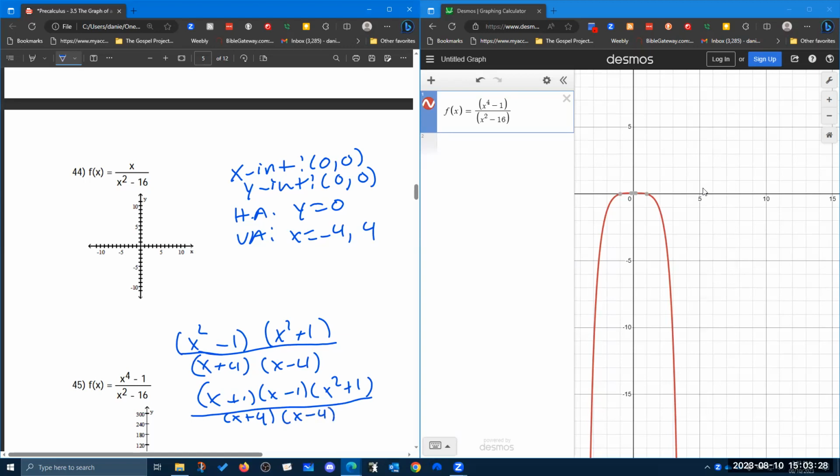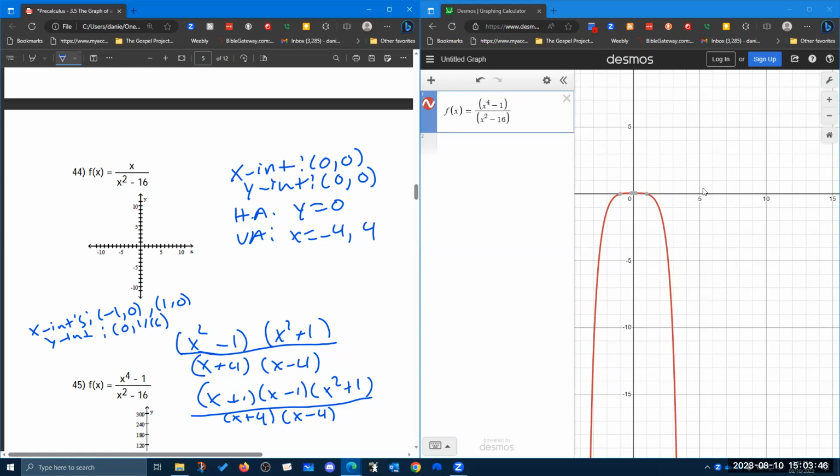Again, that gives me x-intercepts at -1, 0, and 1, 0. Gives me a y-intercept at 0, 1 over 16.